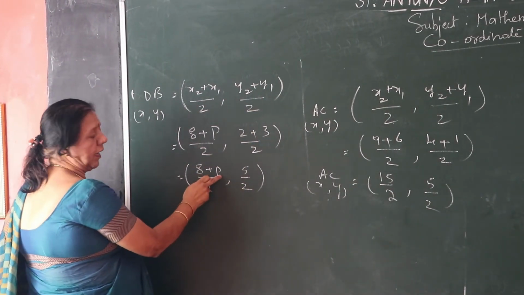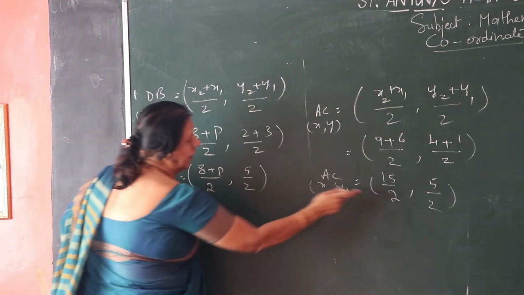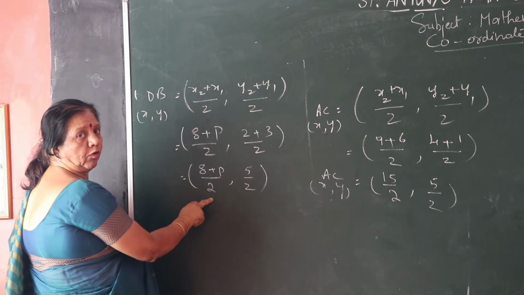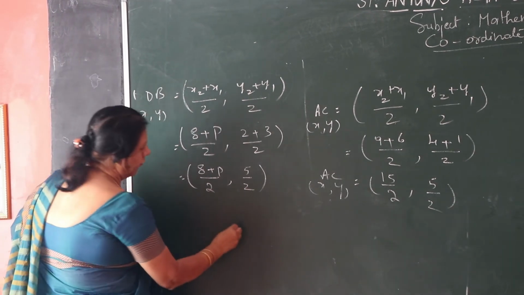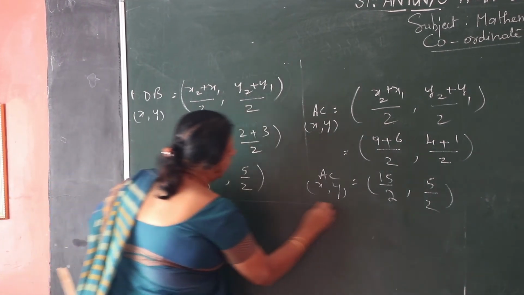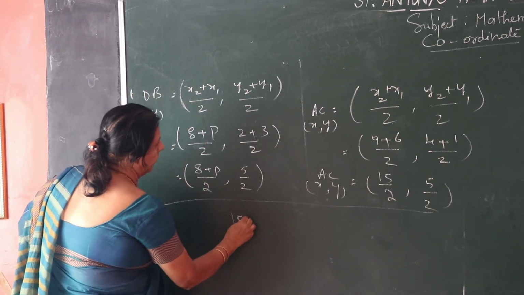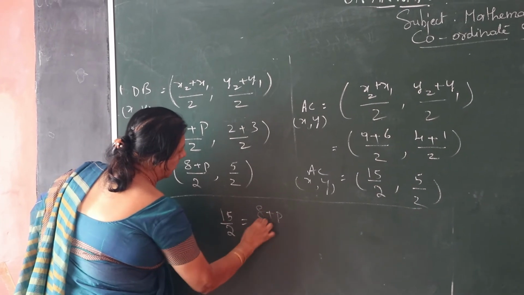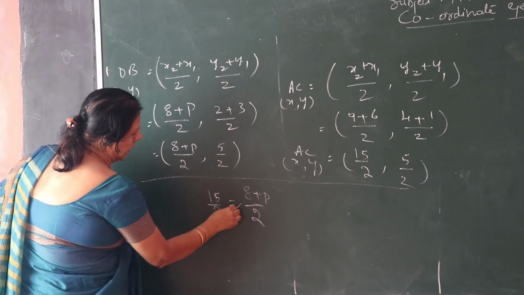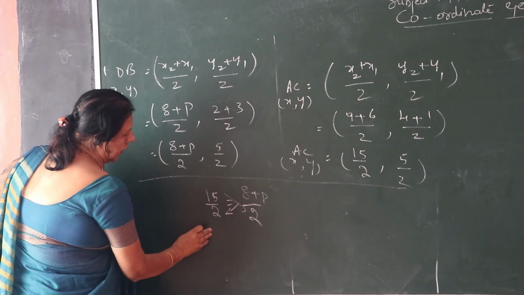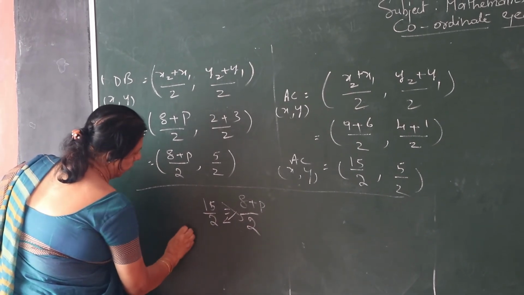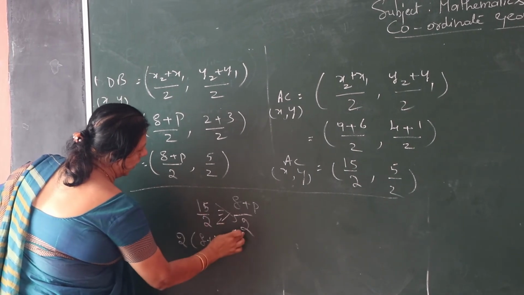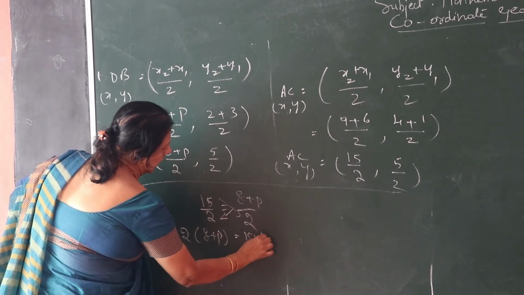But we don't know the value. Equate x and x. This diagonal, take the x value. This diagonal also, take the x value. Therefore 15 by 2 is equal to 8 plus p by 2. By cross multiplication, what do you get? 2 into 8 plus p, children, is equal to 15 into 2, 30.